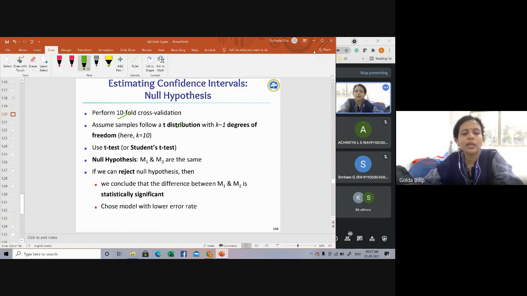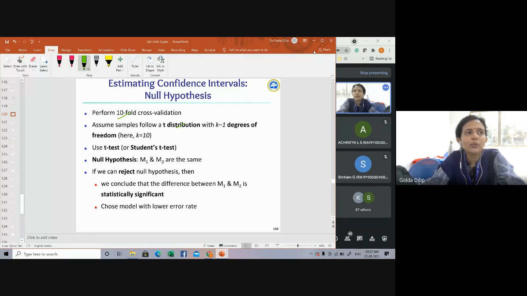For each model, you do a tenfold cross validation, that means 10 times, and each time you use a different data partitioning, or group. Each partitioning is independently drawn.